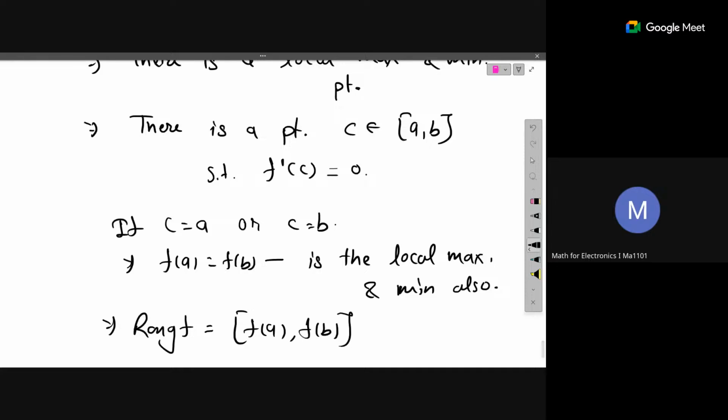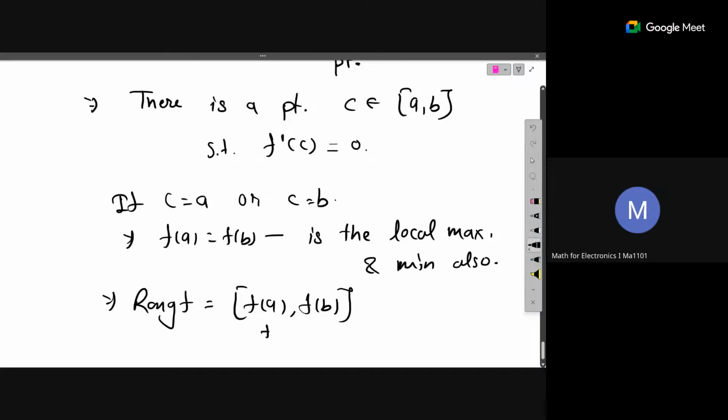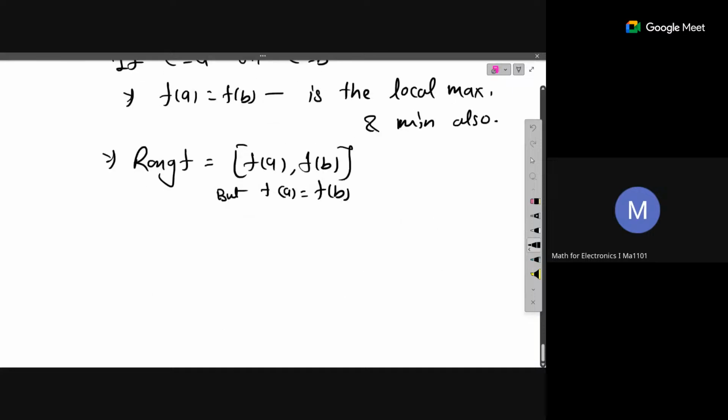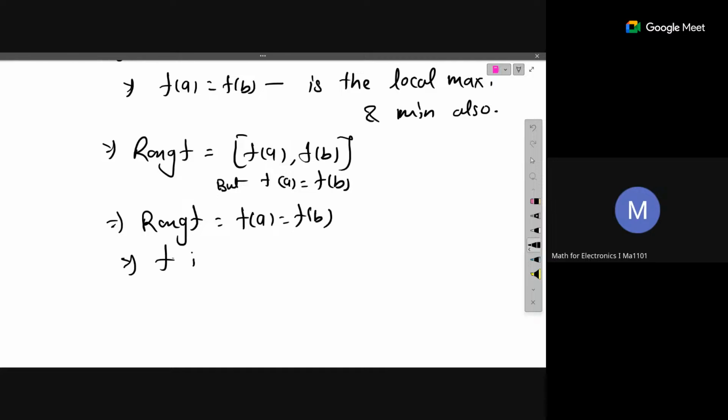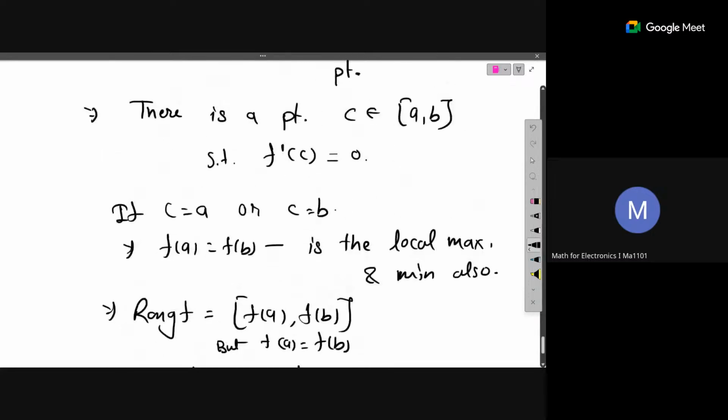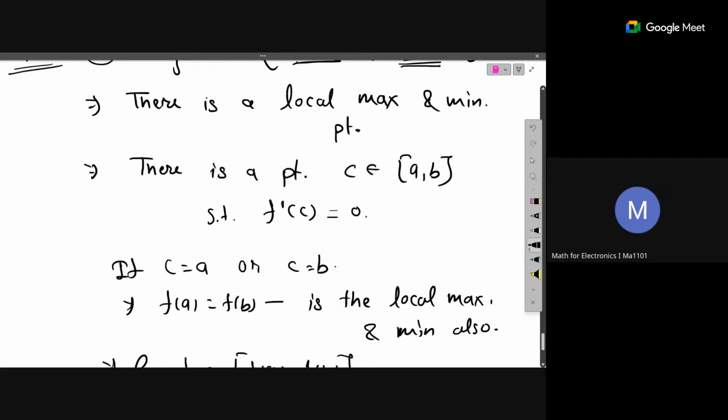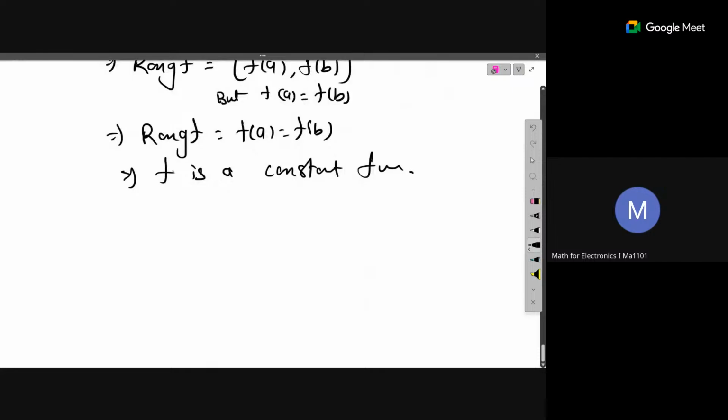But these two quantities are the same, right? f of a is equal to f of b. So it says that our range of the function is nothing but a single point, f of a or f of b. That means it is a constant function. So if c is equal to a or b, then f will be a constant function. And if f is not a constant function, then c belongs to the open interval (a, b).